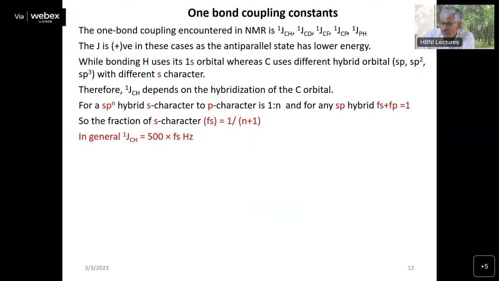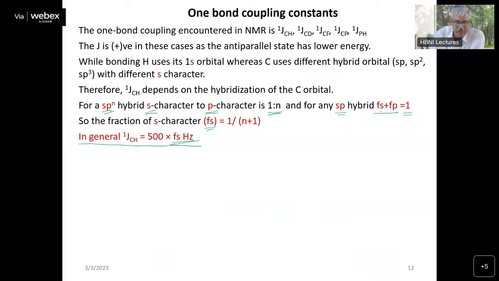Here I have shown that if you have an sp-n hybrid, the s character to p character is 1:n, because n represents the p and 1 is for s. For any sp hybrid, the fraction of s and the fraction of p should always add up to 1. In general there is the equation 1JCH is equal to 500 times the fraction of s character, fs.